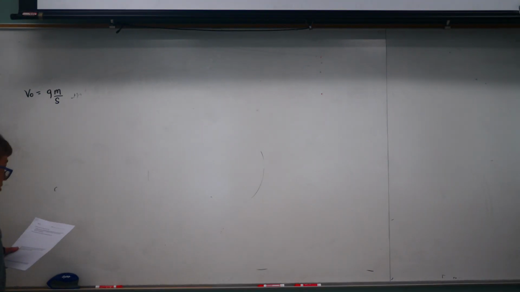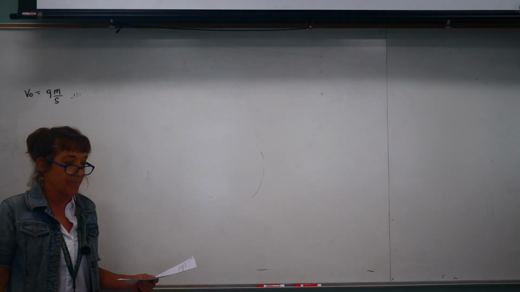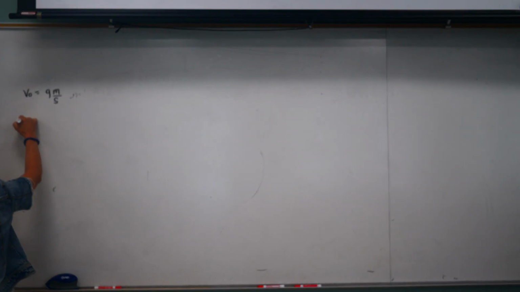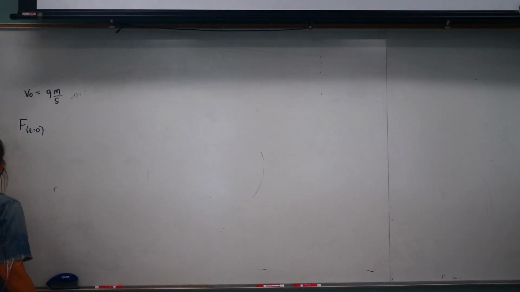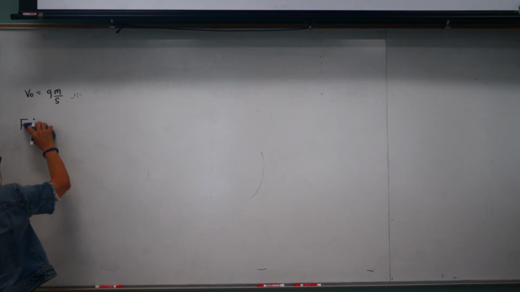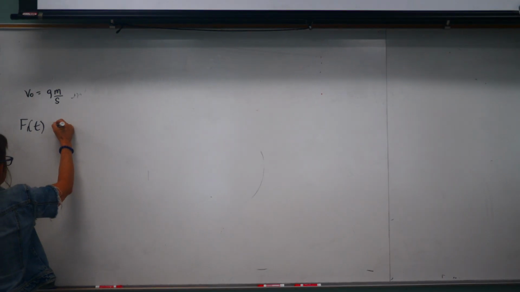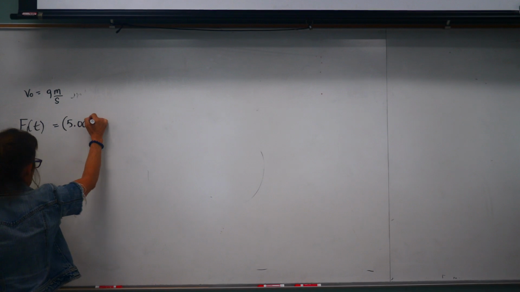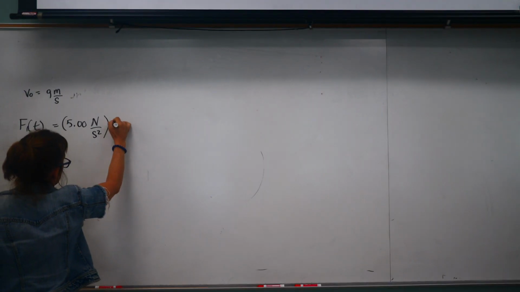Okay. The surface is flat and there is no friction, so we don't have to deal with friction. At t equals 0, the force F of t equals 5.00 newtons per second squared times t squared.